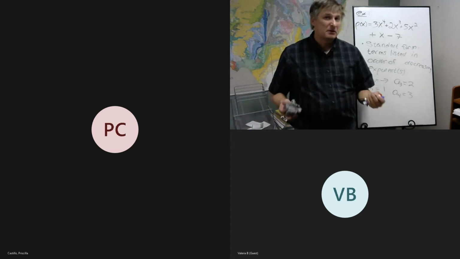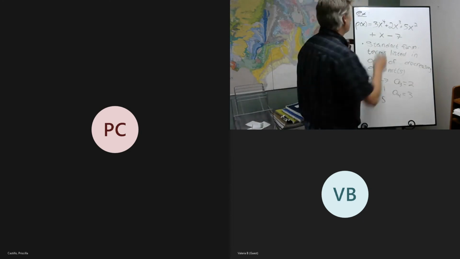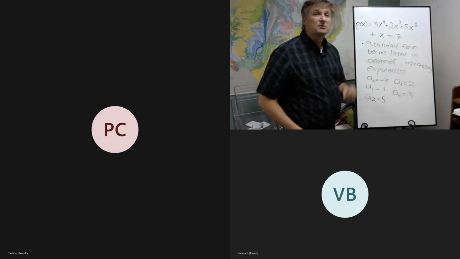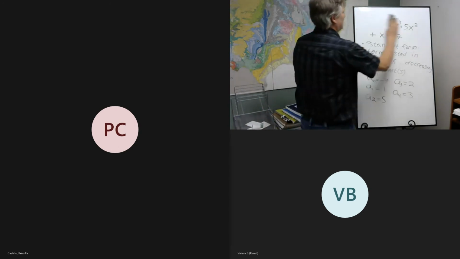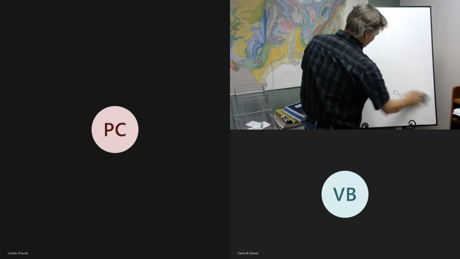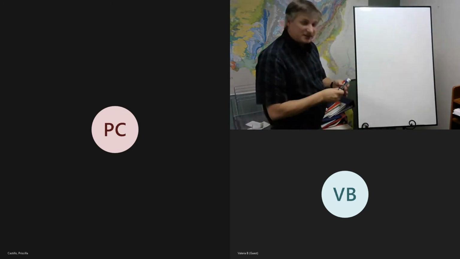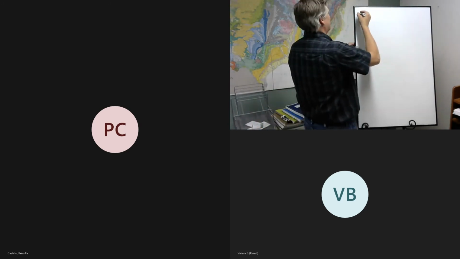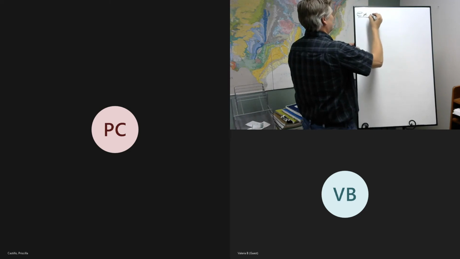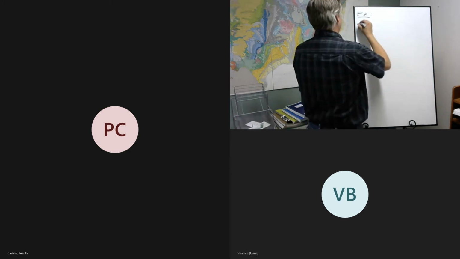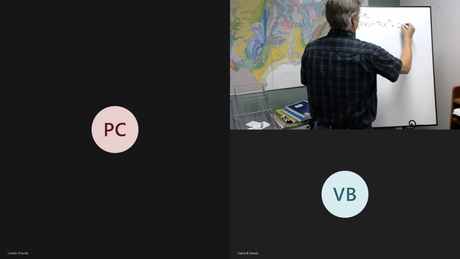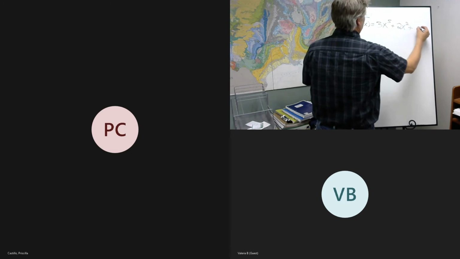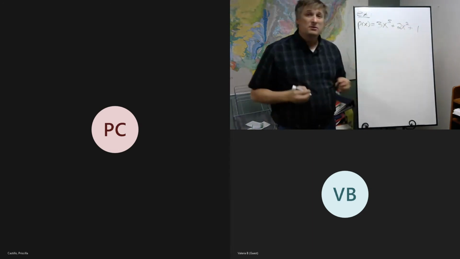Now, where this could get a little confusing is if we have a polynomial like this. First off, any questions about that? All right. So let's say we have something like this. What do we do with this?